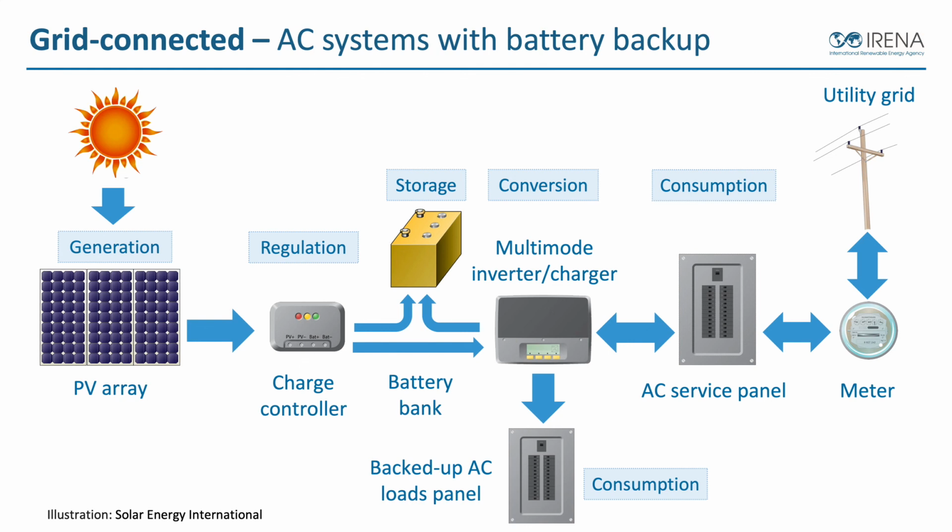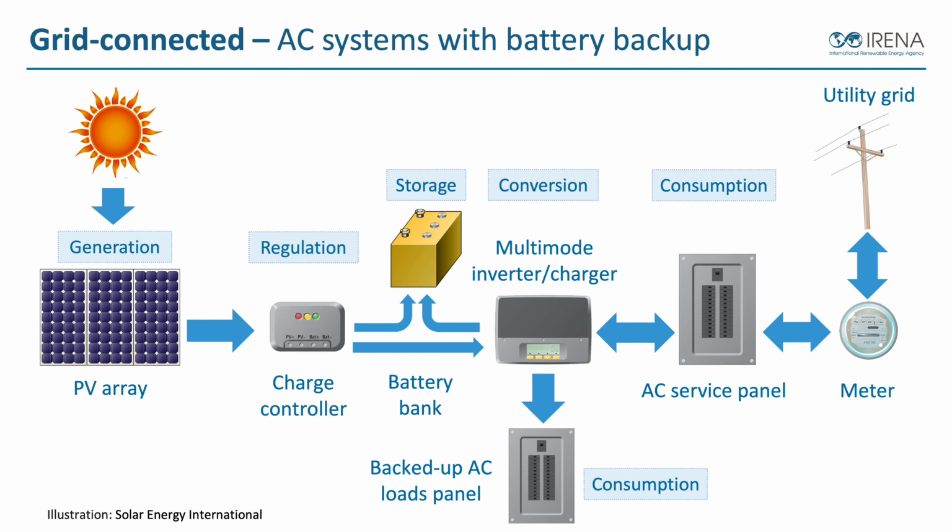So what we might do is put the things we don't need backed up, let's say in a residential application, an air conditioner, a washing machine, or other larger electrical loads that are less essential, in my main AC service panel. What most people want in the backed up loads panel are things like lighting, so we can have common area lighting that's always available.